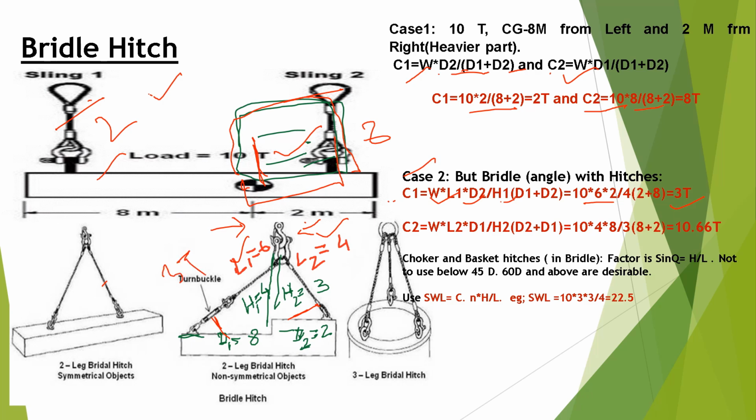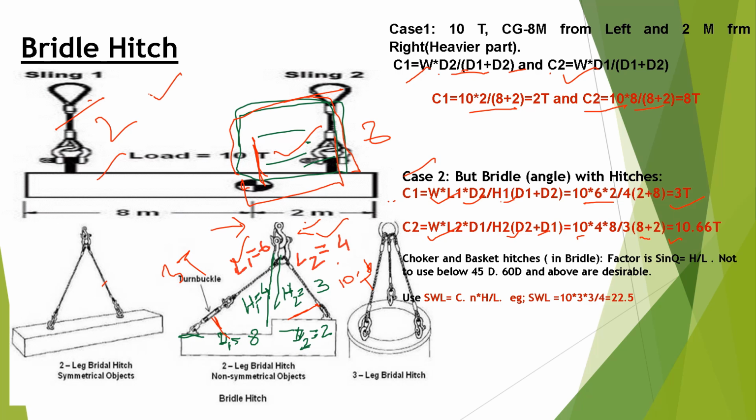So it will be 3 ton on the left side. On the right side, C2 will be W into L2 into D1 divided by H2 into D1 plus D2. This will give 10 into 4 into 8 divided by 3 into 8 plus 2, it will give 10.66 ton. So the left side may be 3 ton, right side the capacity will be around 11 ton. So we can lift a 10 ton load with a mechanism like this.